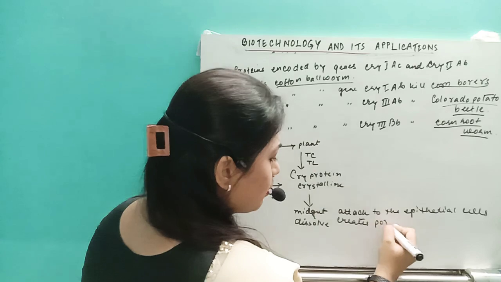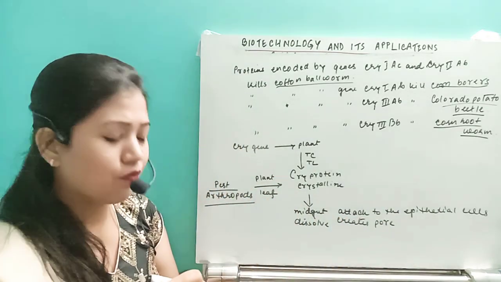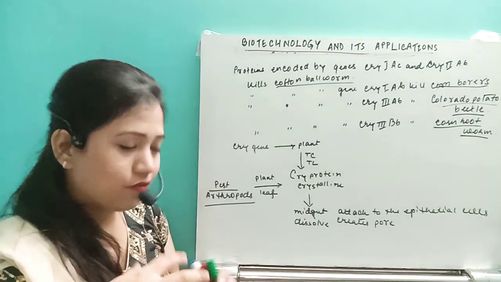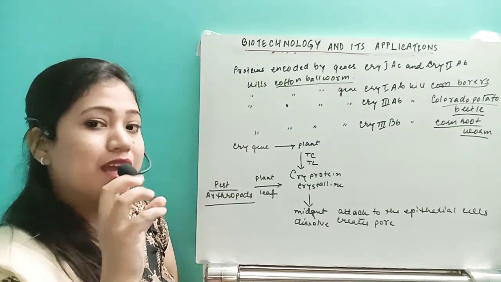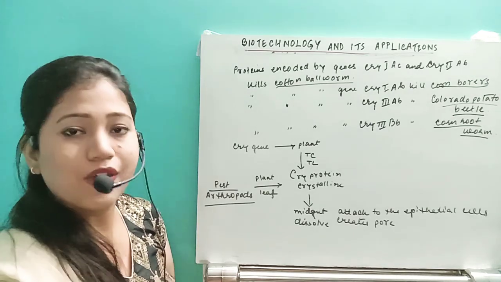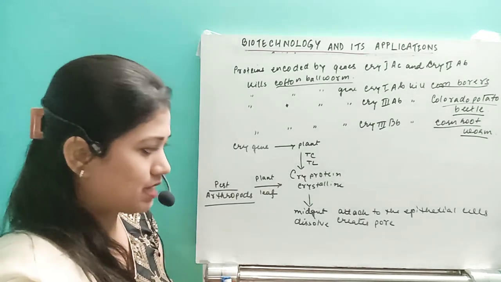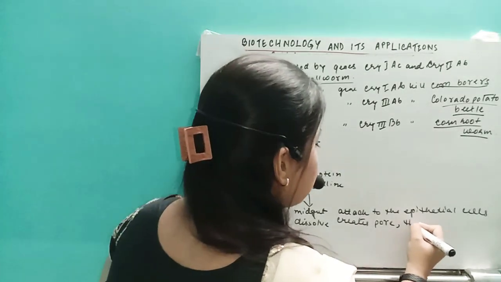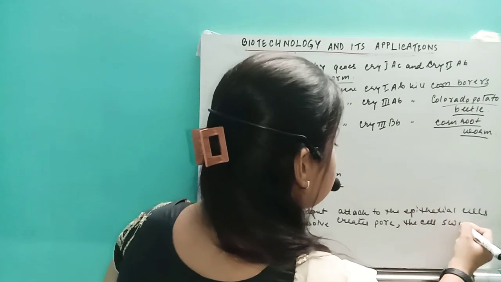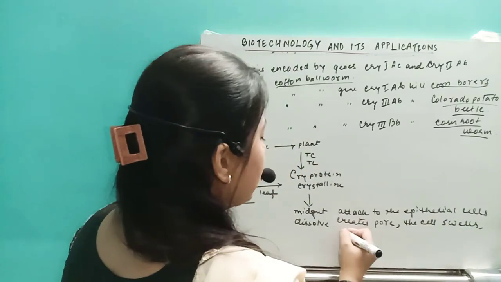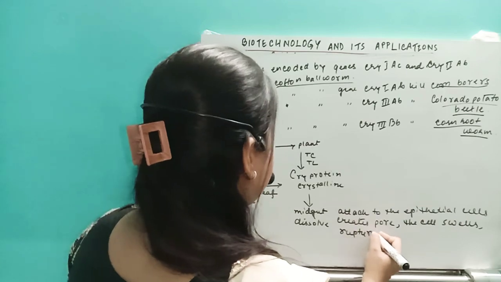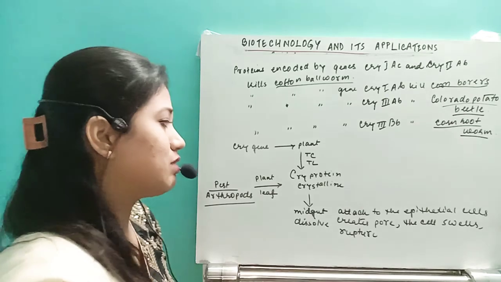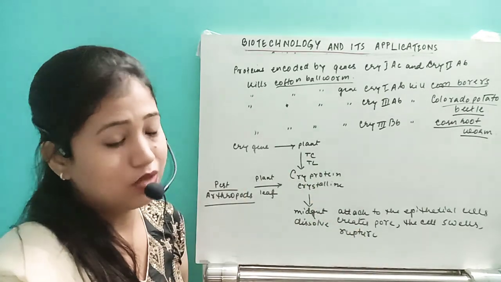And whenever it creates pores, what happens? The epithelial cells develop the pores, then obviously endosmosis will occur, the cell will start to swell, and if the cell swells, at one point of time the cell will burst, isn't it? So it creates pores, then the cell swells, then after the swelling, it ruptures. So if there is no midgut, there is no pest. This is the way the whole cry gene works.